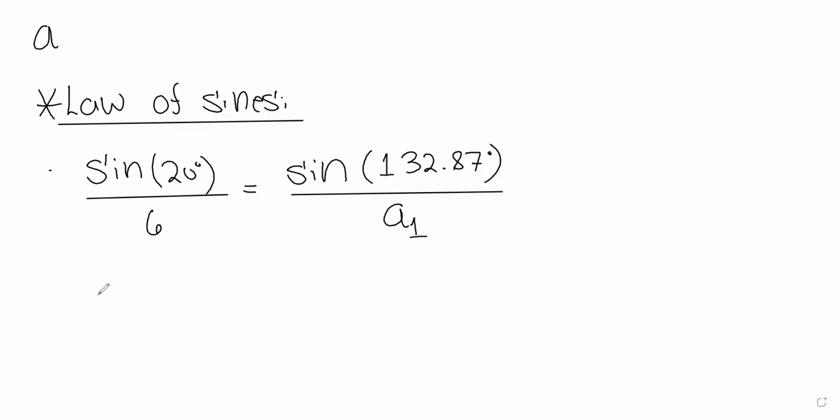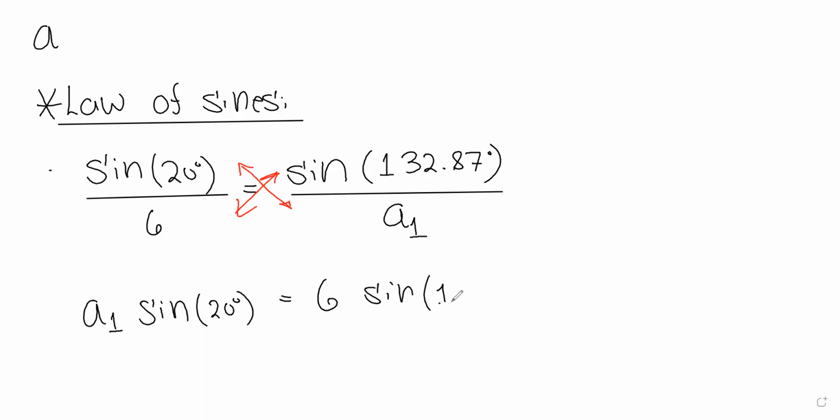Since a1 is in the denominator, this time I do suggest cross multiplying. You could skip more steps once you get more comfortable with it, because then you'll see how repetitive it gets, but that repetition is good. A1 times sine of 20 equals 6 times sine of 132.87 degrees.